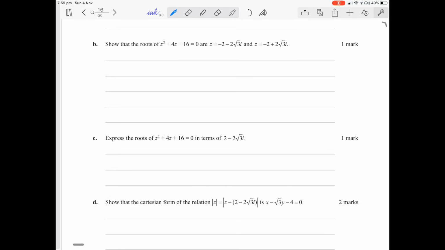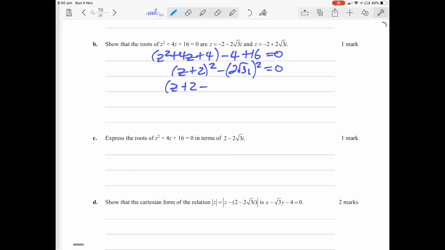Show that the roots of that are that and that. Okay, z squared plus 4z, halve that and square it, plus 4, minus 4 plus 16 equals 0. Z plus 2 squared minus 2 root 3 I squared.